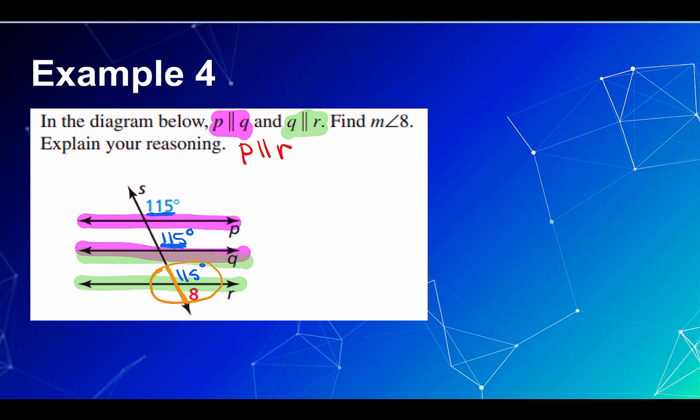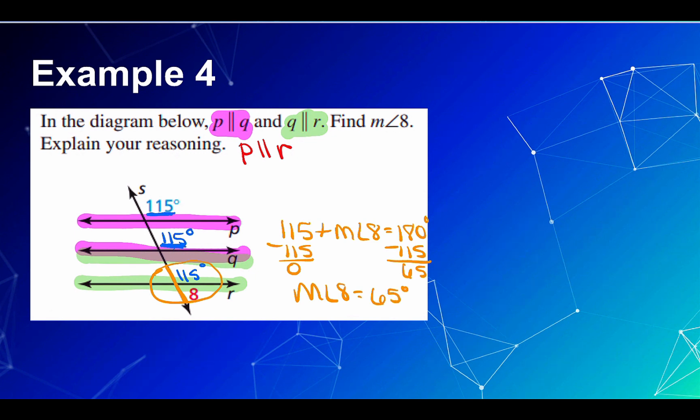Therefore, they form a linear pair. So I can say 115 plus the measure of angle 8 equals 180. If I subtract 115 from both sides, I get the measure of angle 8 equals 65 degrees.